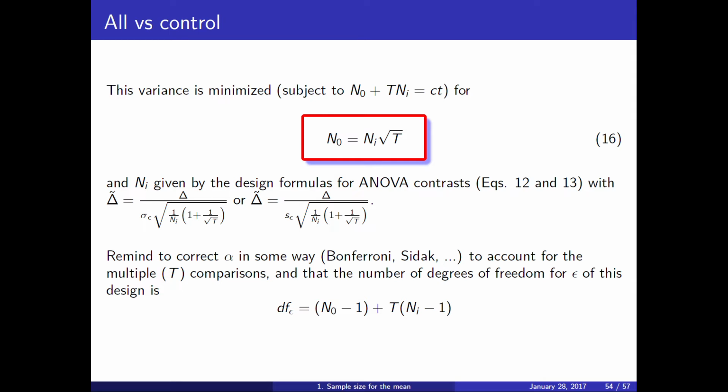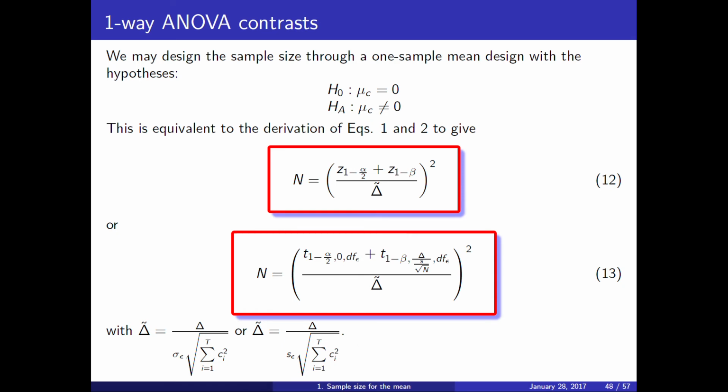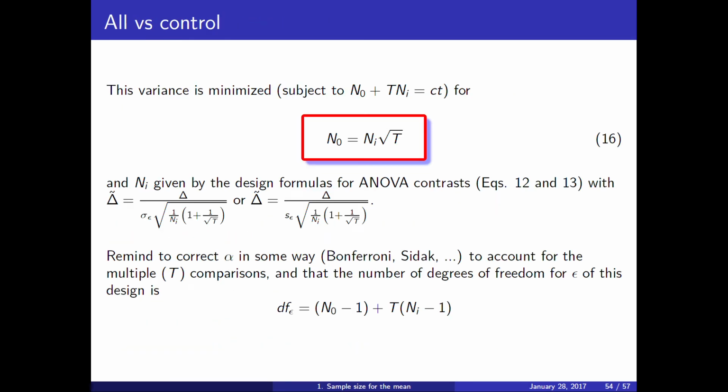We already know this trick. We used it when we had to compare two groups of different variability. So now the solution of this is that in the control group you should put the number of animals in each one of the groups multiplied by the square root of t, that is the number of treatments. And n_i, then the number of elements in each one of the groups, you would use the formulas for the ANOVA contrast, that are these ones, 12 and 13, that we have here, but with a different normalization.